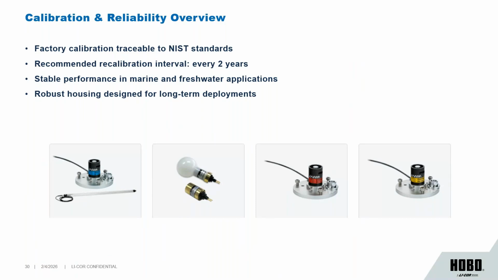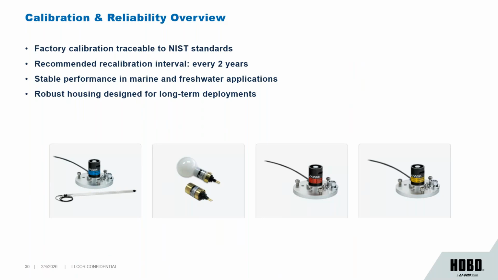And the LI92 sensor used in this MX2502 is built directly on that history. Each MX2502 is factory calibrated using LICOR's established procedures. It's a NIST standard, and we do recommend, especially in research applications, that these devices are recalibrated every 2 years.